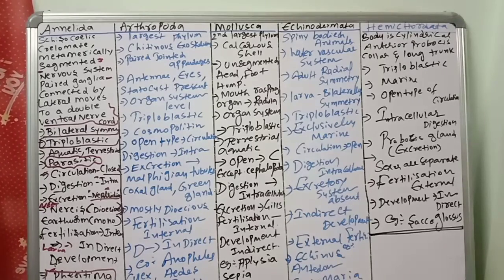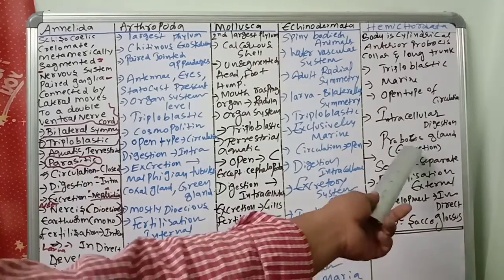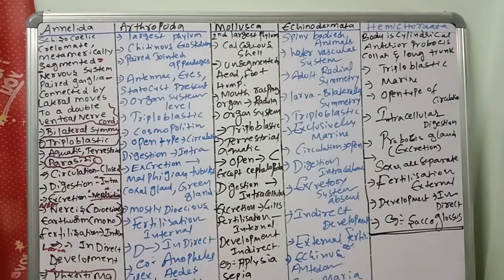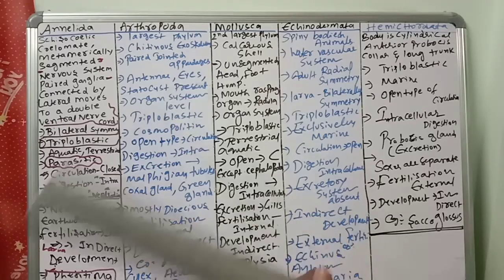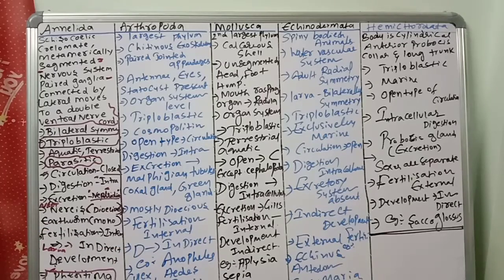Next, digestion is intracellular, inside the body or inside the cell. They have special glands for excretion, called proboscis glands. The sexes are separate, male worm and female worm, which means dioecious.